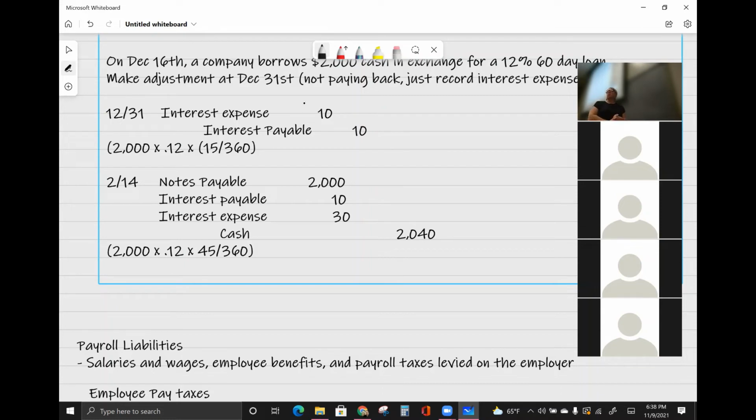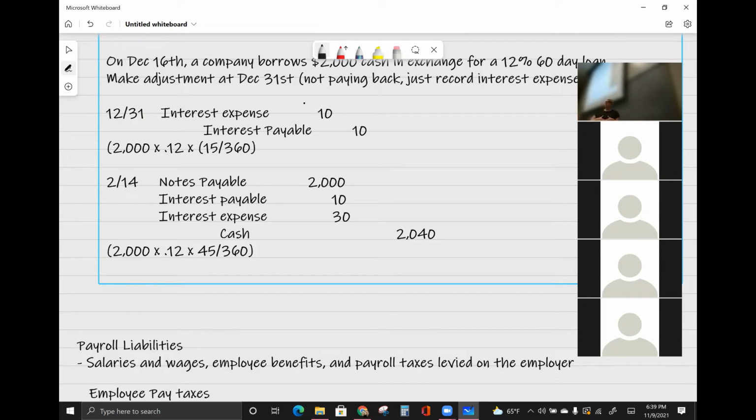So now we go into the new year, and it's time to pay that loan. So we already know, we've done the calculation that for a 60-day loan with $2,000, the interest is $40, right? But we're not going to record the expense for $40 because it's not for the full 60 days in that period.